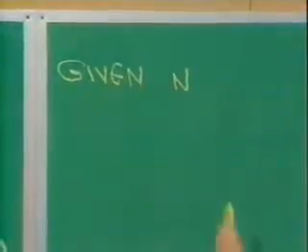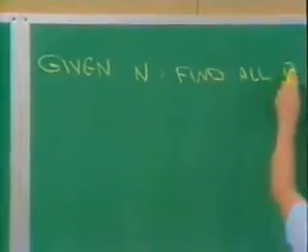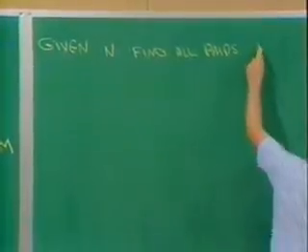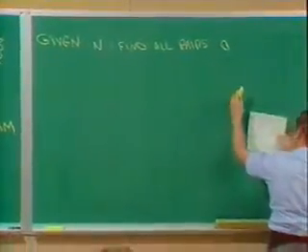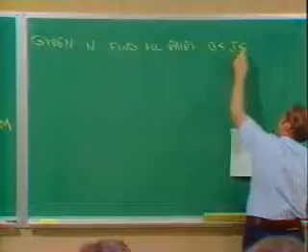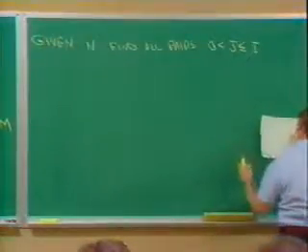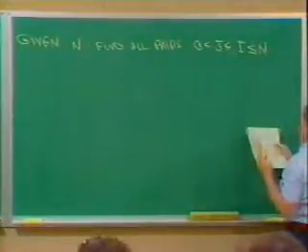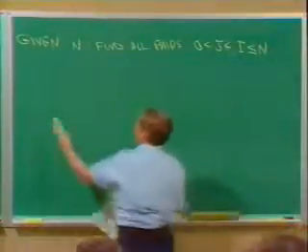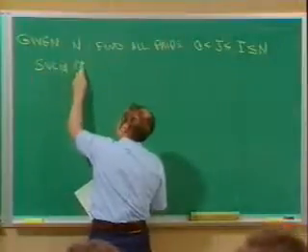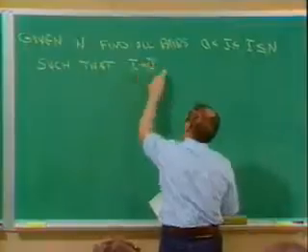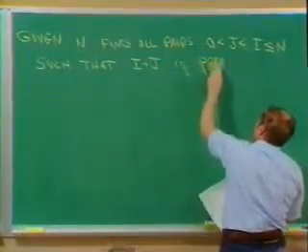And the problem is going to be find all pairs of integers i and j, with j less than i, between 0 and up to n, such that i plus j is prime.